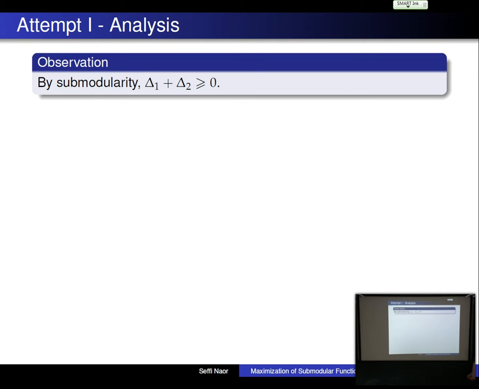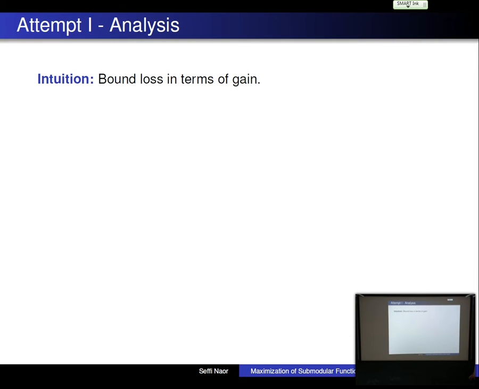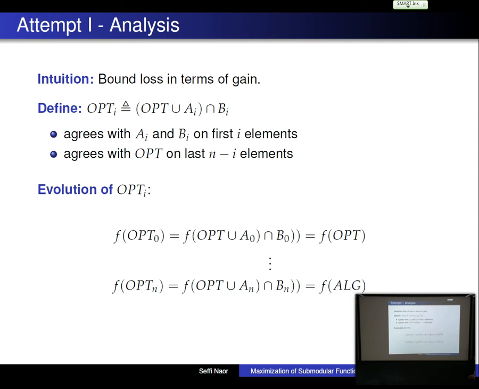The first observation is that it follows from submodularity that delta 1 plus delta 2 is always non-negative. So at least one of them is going to be non-negative. I'm guaranteed that. I'll skip the proof of this. Now, to analyze the algorithm, the idea is to follow the evolution of the solution compared with opt.